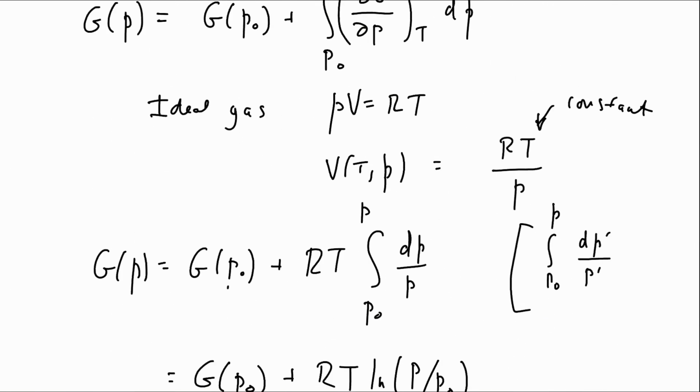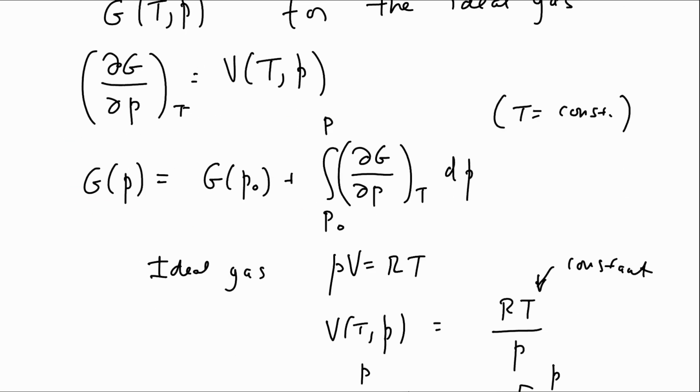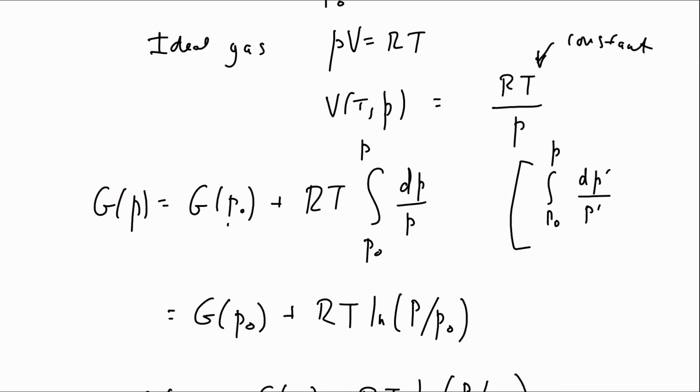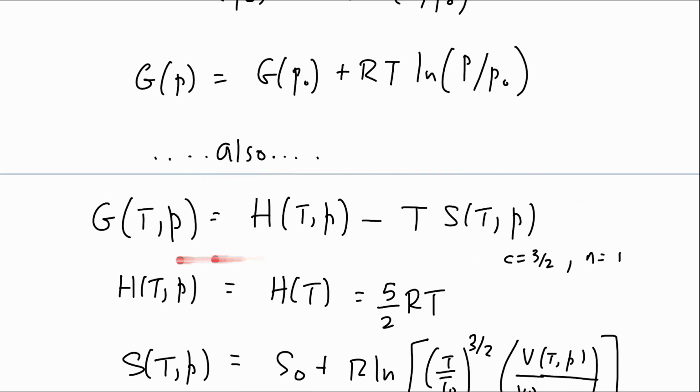I learned a lot of things. I learned that this is true. Then I used for the ideal gas, I could solve that. It's really a differential equation given to me. I solved it for G as a function of P at constant T. And then I said, well, there's another way to do it.